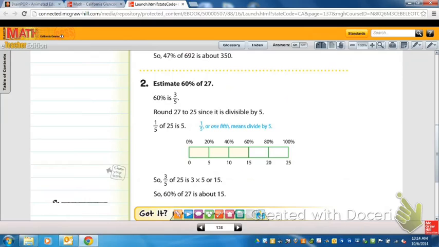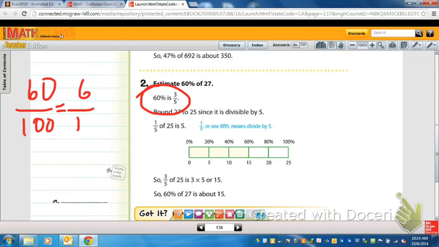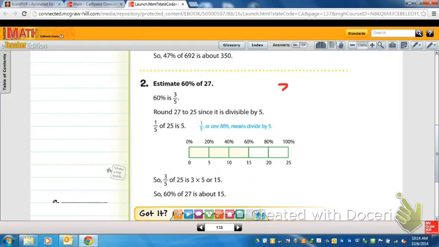For number 2, it says estimate 60% of 27. What we want to do is change the percent to a fraction. That would be 60 over 100, which reduces to 6 over 10, and that reduces to 3/5. 27 is closest to 25.